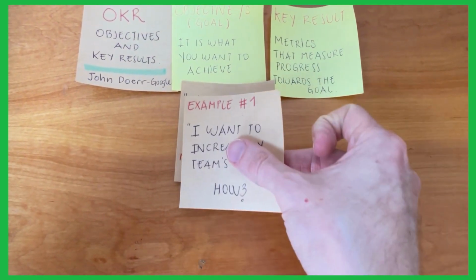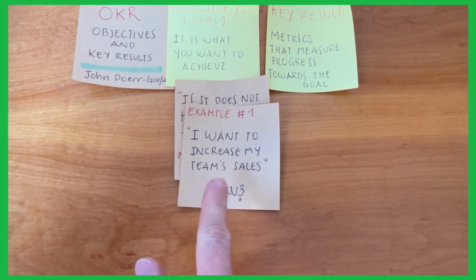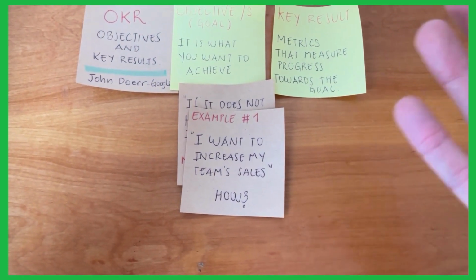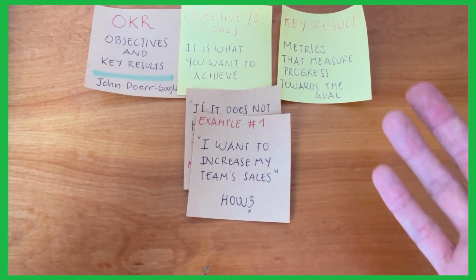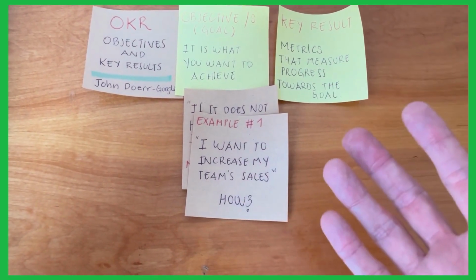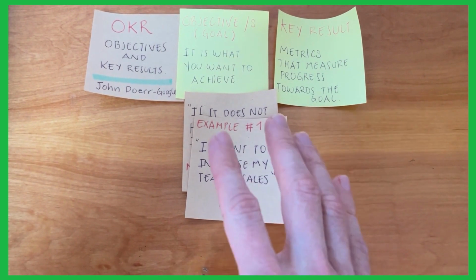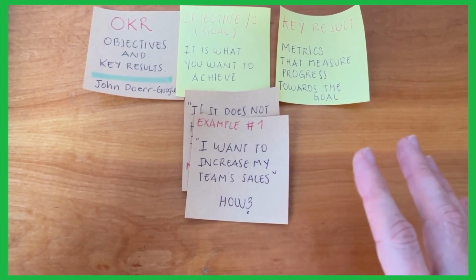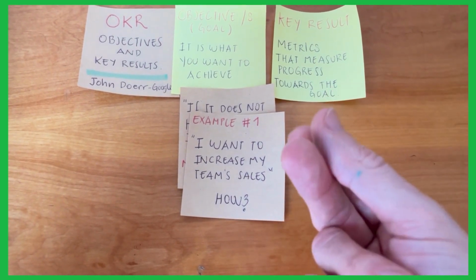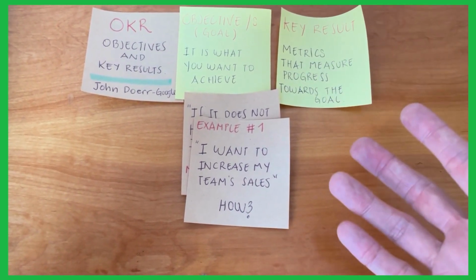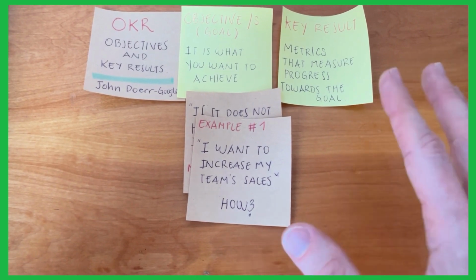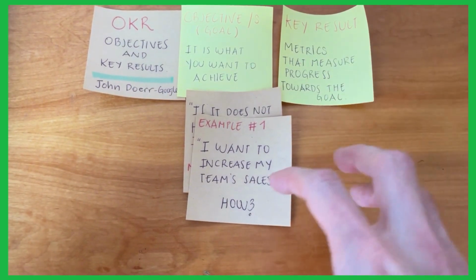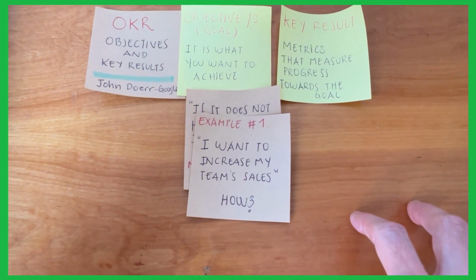Let's say that you want to increase your team's sales. You have a team working on selling a product or a service, and your goal as a manager, as a leader, or as a company, is to increase the percentage or the amount of money that you or your team are selling through a year or through months, depending on the amount of time that you want to establish.